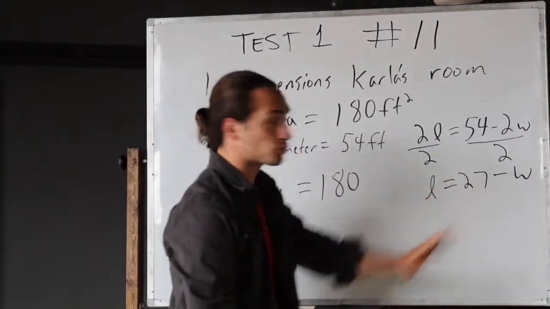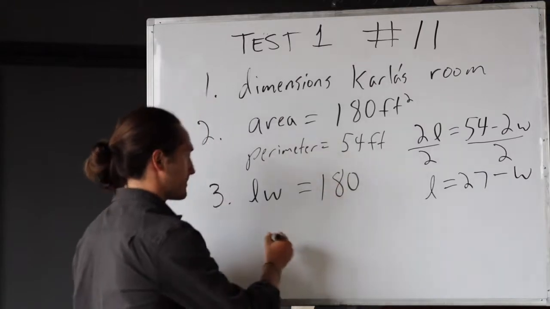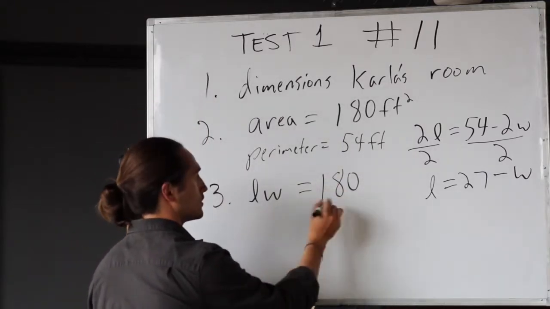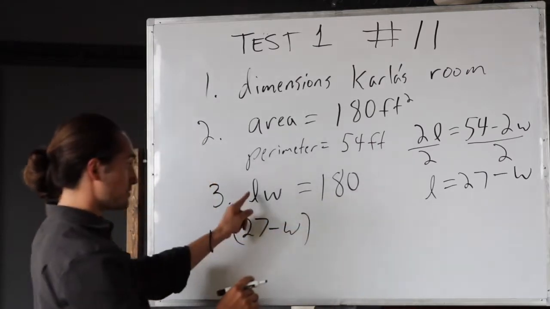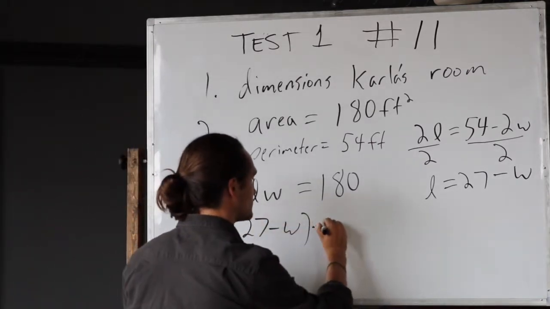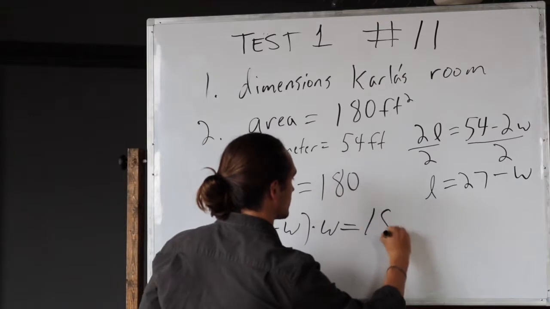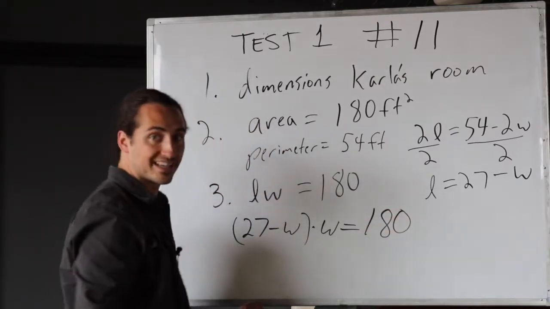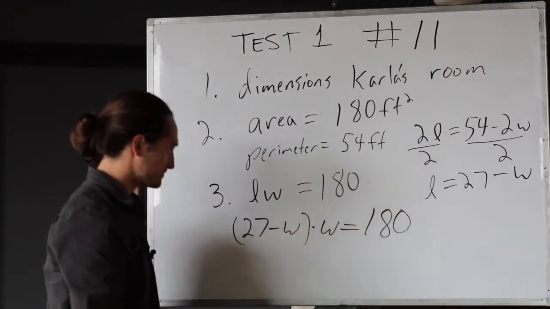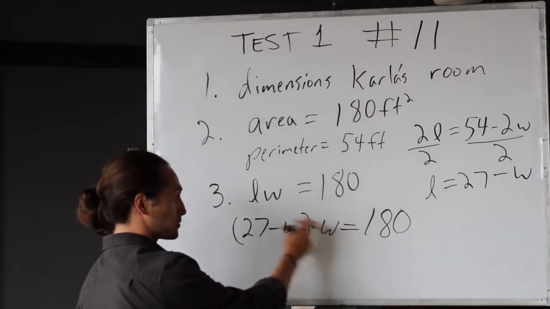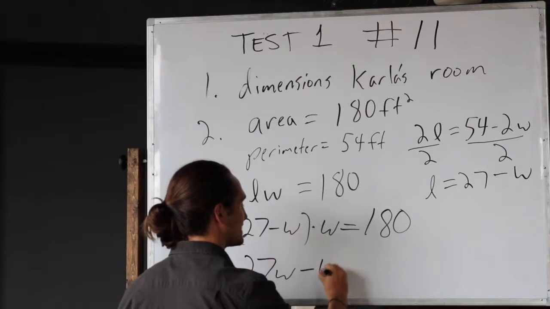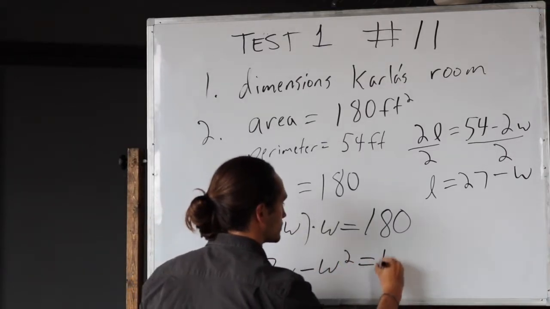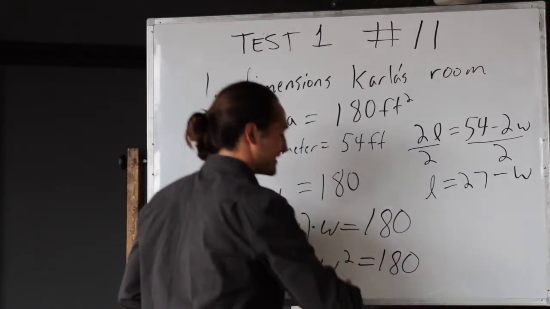If I know that L equals 27 minus W, I can say, all right, (27 minus W), substituted for L, times W equals 180. Now that means if I multiply my W's, 27W minus W squared equals 180.